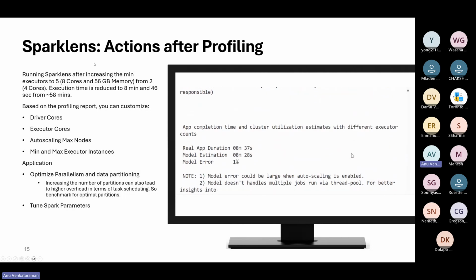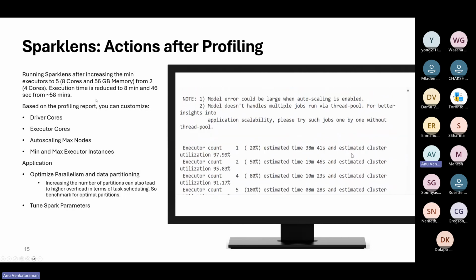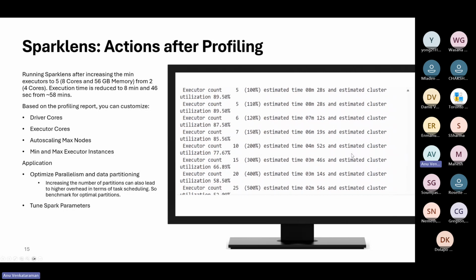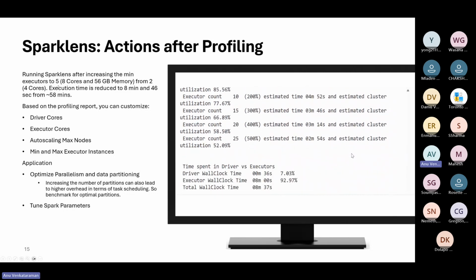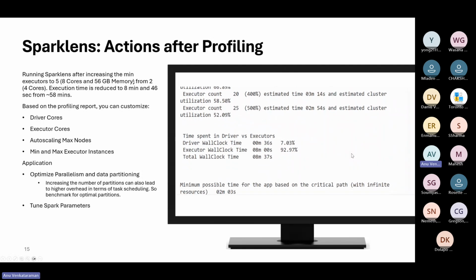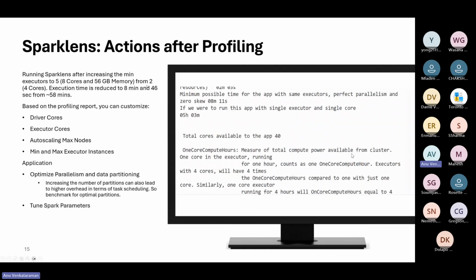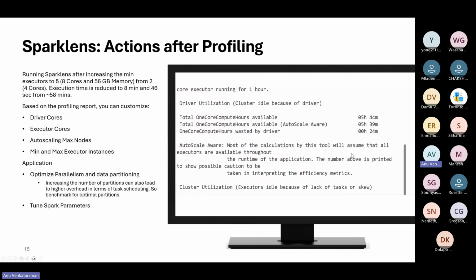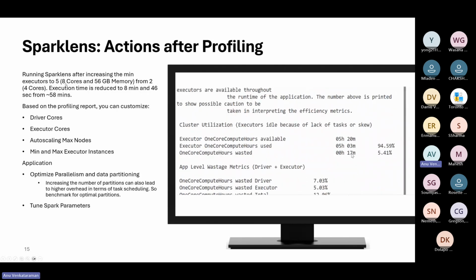Spark Lens is showing. After I read the initial report, I added more executors. Initially I was running with 2 executors, 4 cores each, and now I increased the executor count to 5 and 8 cores.